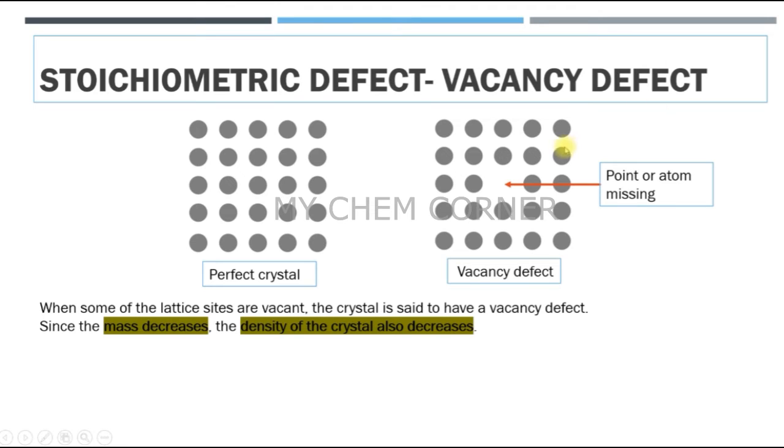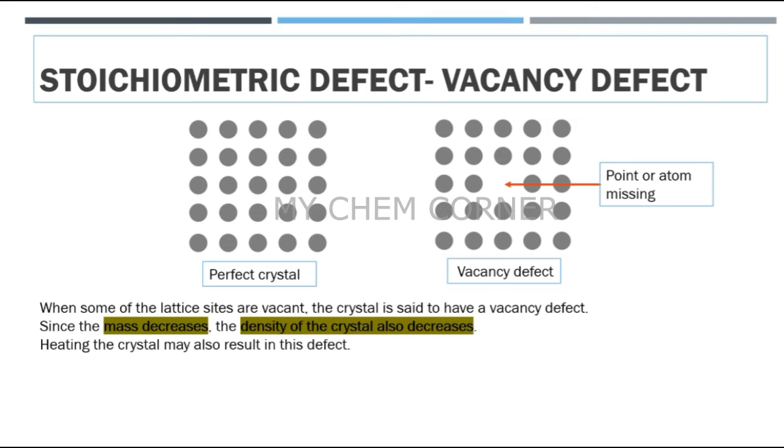Same thing here. When there is a lattice site that is vacant, which means that particular point or an atom is missing, the mass is going to reduce. When the mass reduces, the density of the crystal is also going to reduce. Now, when is it mostly seen? When heating of the crystal is done. When you start heating them, these metals, or these points, can go missing.